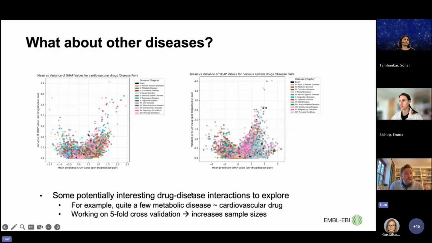And of course, what about other diseases? As I said, it's quite a complicated space to explore. But what one might want to look for are adverse drug reactions. So, a drug that is being prescribed that is then impacting the prediction of a disease which is outside of the scope of the drug, for example.